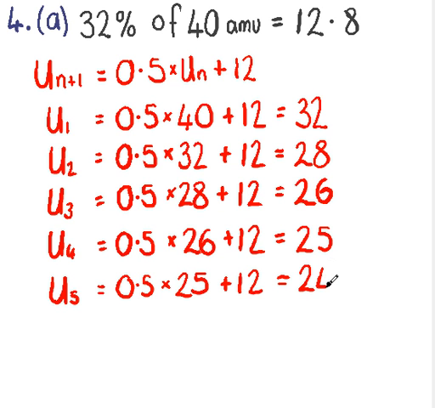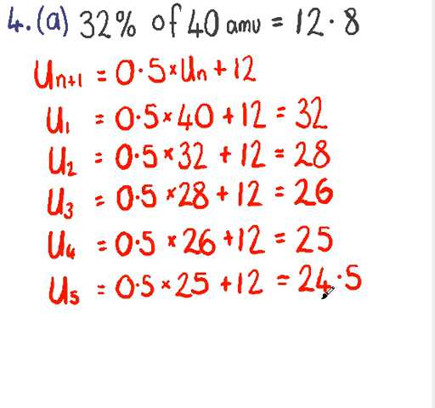So it does seem to be approaching a limit, and that limit seems nowhere near the figure we're looking for, which is 12.8. We could continue on with U6, U7, U8, U9, and so on, but we would find that we are going to get closer and closer to 24.